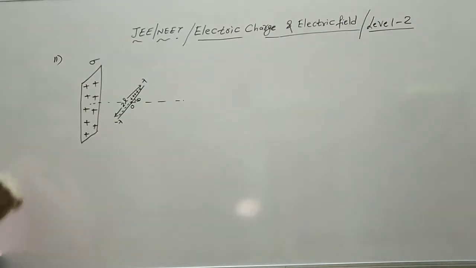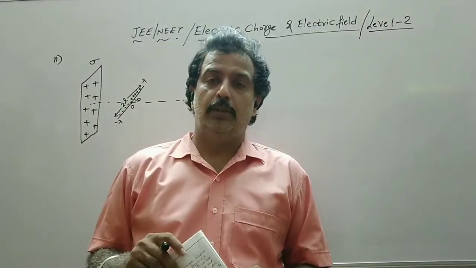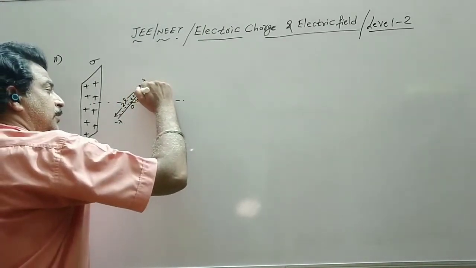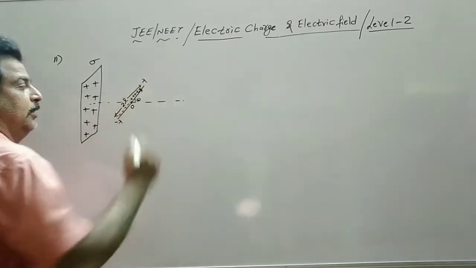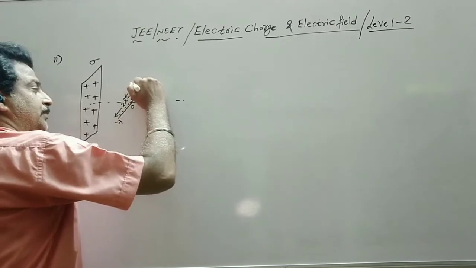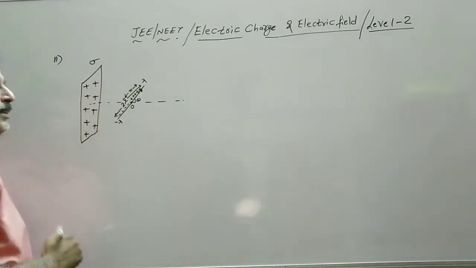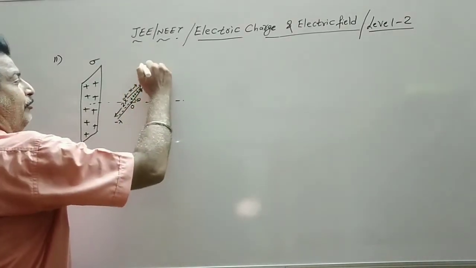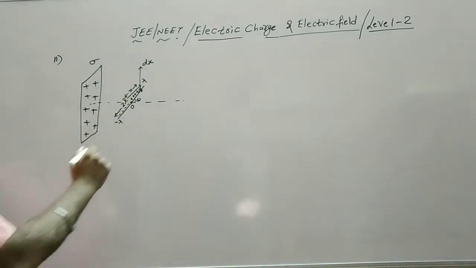So let us consider that the entire rod is divided into small line elements. Suppose this is one element having the distance x from the center. So we are considering one small element at a distance x and the length of this element is dx.